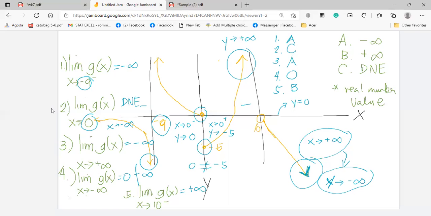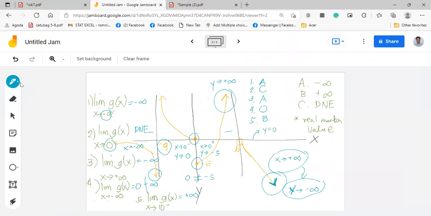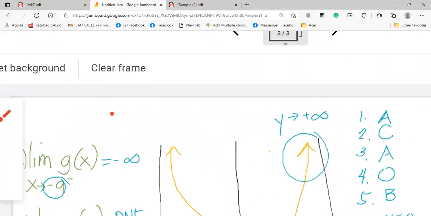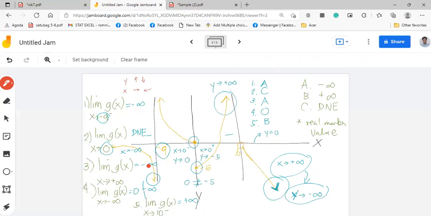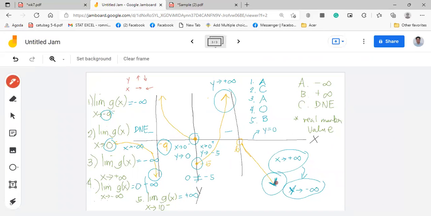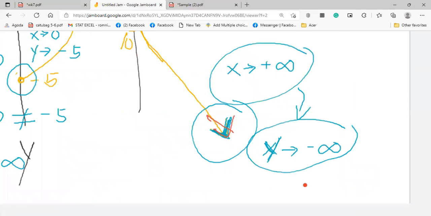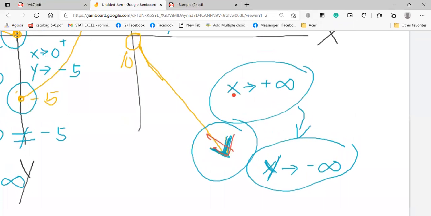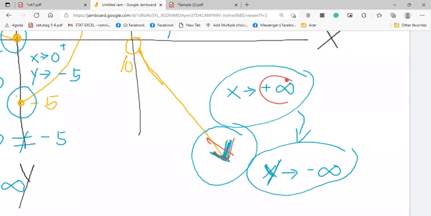Kasi class, madalas ang sagot nyo positive infinity, nalito lang kayo. Kapag y, up, down, yan ang y. Kapag x, right, left, yun. Okay? O yan, it goes down. That's why it's negative infinity. Bakit kaya sinabi natin positive infinity ito? Class nasa quadrant 4 siya.